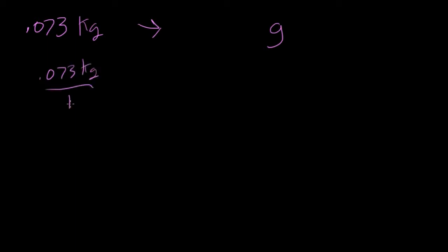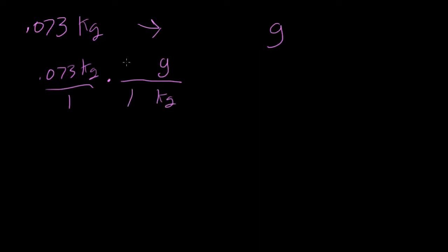Let's say we wanted to go from 0.073 kilograms to grams, some number of grams. Well, 0.073 kilograms over 1 times, well, we want kilograms to go away, so we'll put kilograms on the bottom. We want to go to grams.